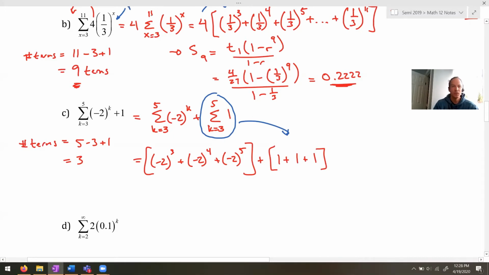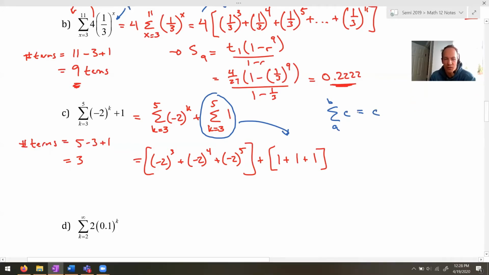If you want a formula here, or a rule, if this was A and this was B and we call this C for a constant, this would be C, and then you'd have to multiply it by how many terms you have. The number of terms would be B minus A plus 1. So this is your number of terms, and this is the value.